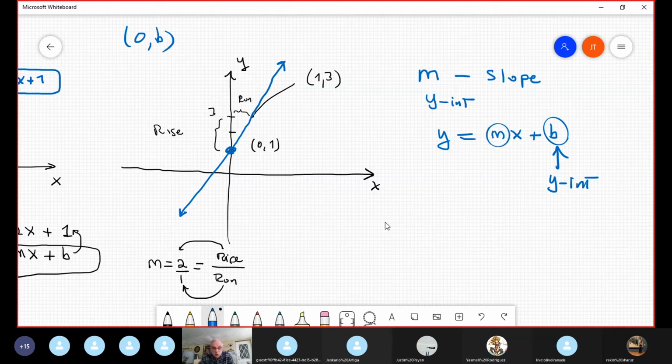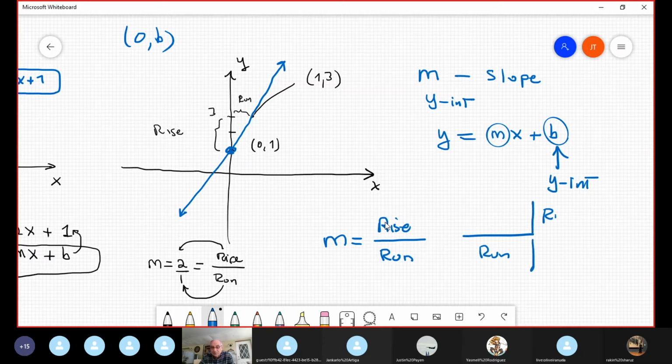The slope is 2. By definition, slope m is the ratio between two quantities called run and rise. Run is in the horizontal direction, and rise is the vertical direction. But we have two possibilities. When rise is positive, it goes up.